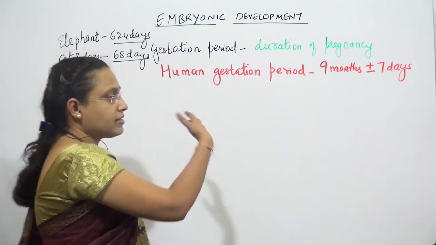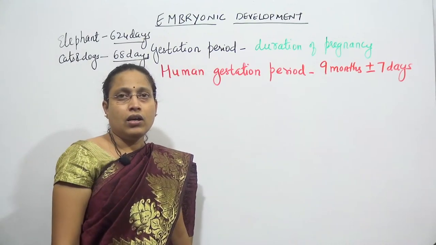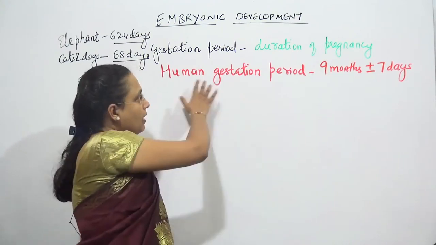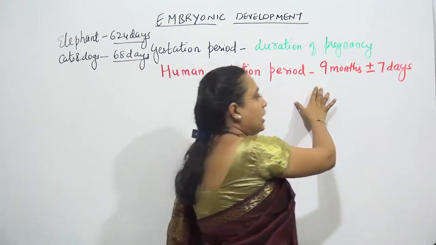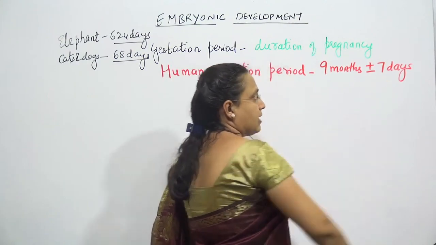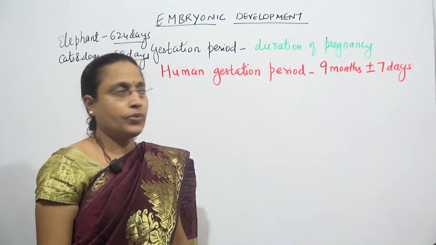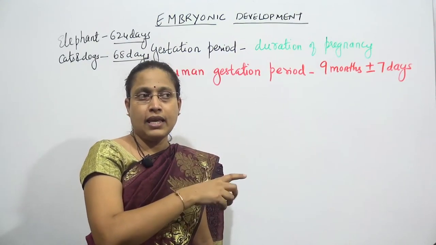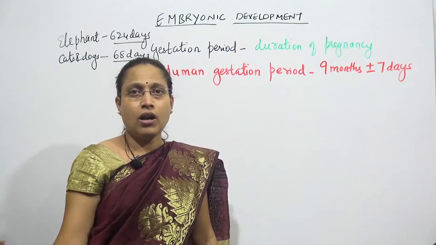But since we are dealing with human reproduction, human gestation period is 9 months plus or minus 7 days. This includes from the first day of pregnancy till birth or delivery.